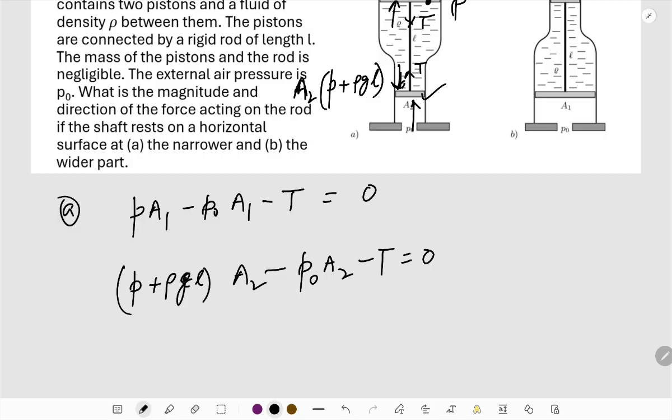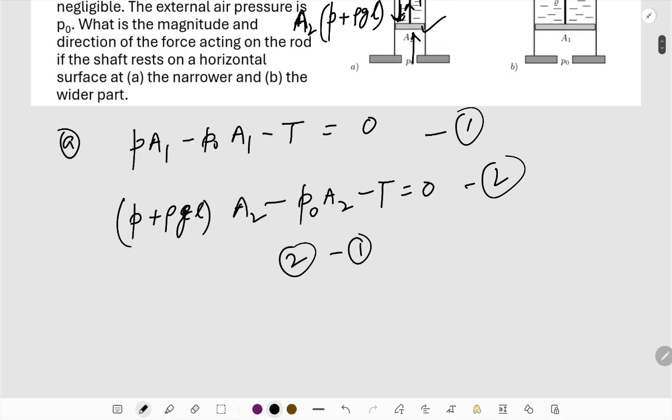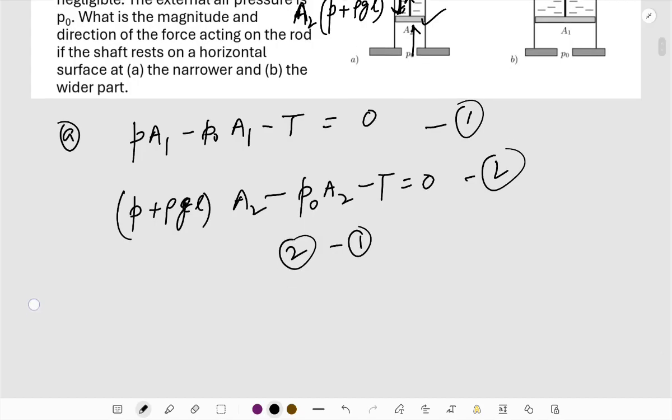Now we can name these equation 1 and 2, and subtract equation 1 from 2. Do 2 minus 1, and you will get the value of P, which is the only unknown.